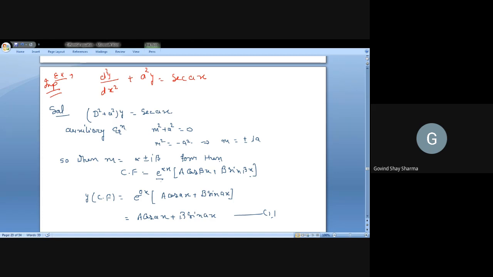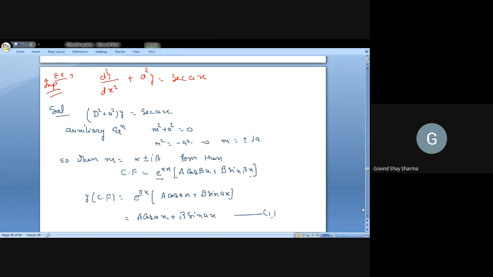Now we see again the explanation of this question. Here d square y upon dx square plus a square y is equal to sec ax. Then the CF method: to find the CF, we make the auxiliary equation first. After the auxiliary equation, we find the root. Root is equal to plus minus iota.